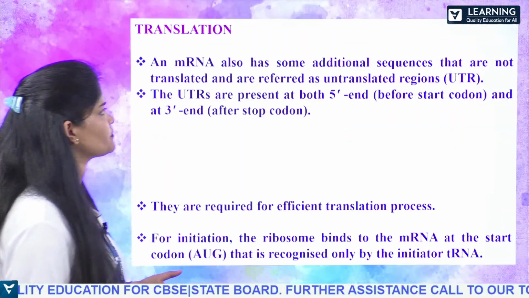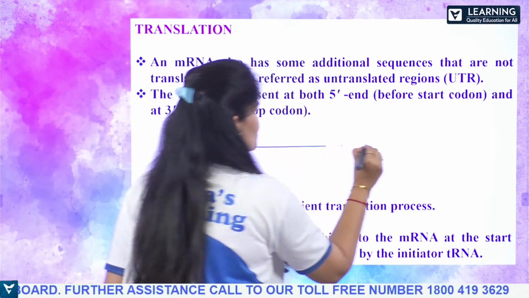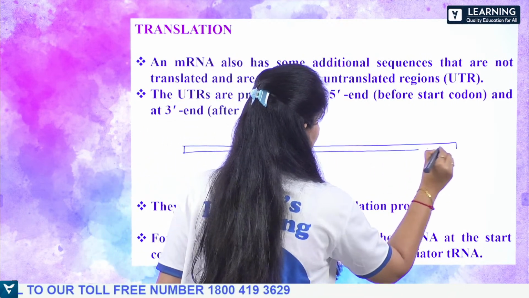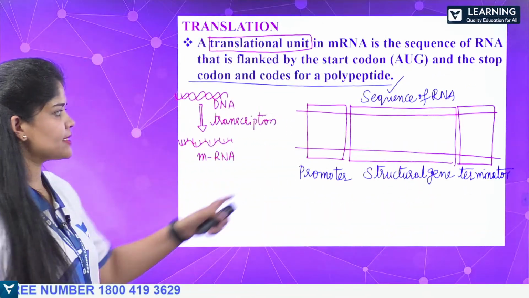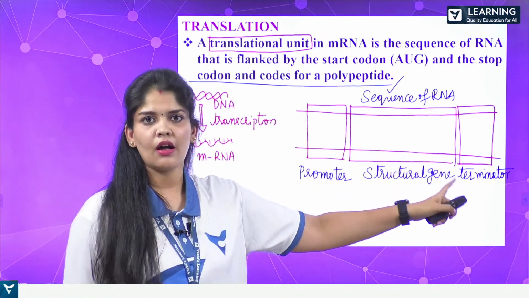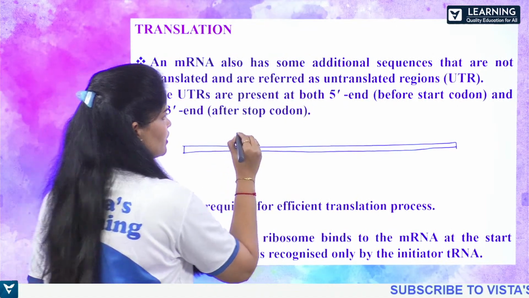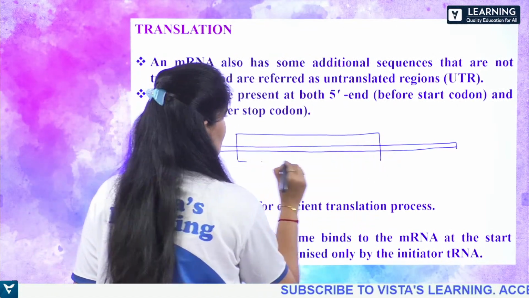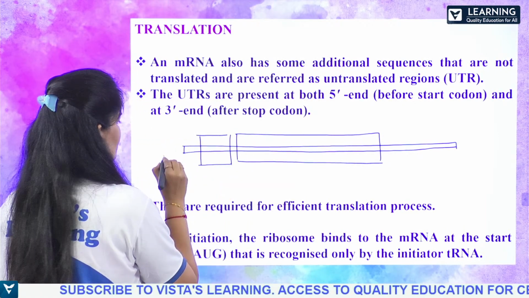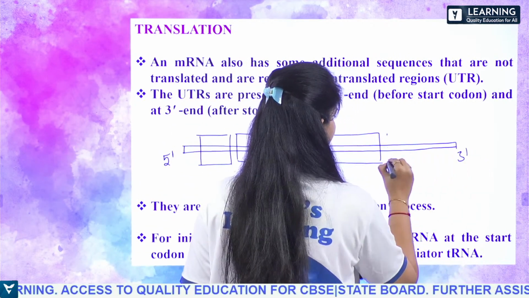Now, here we have seen the transcription unit. Similarly, here it is flanked with the promoter and terminator. Polymerization always runs from 5' to 3'.